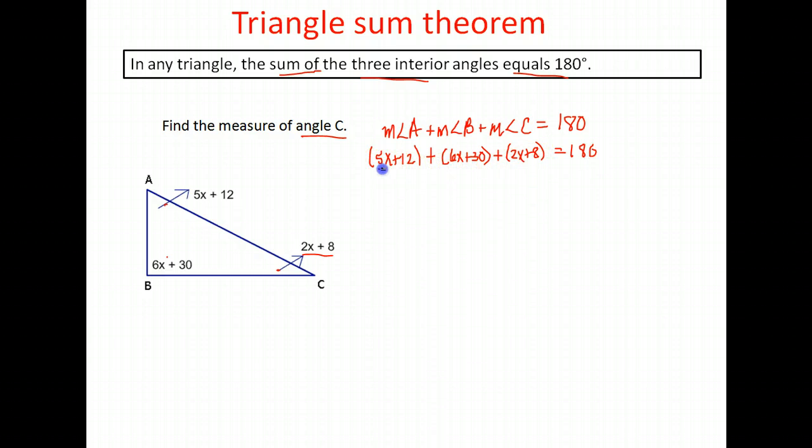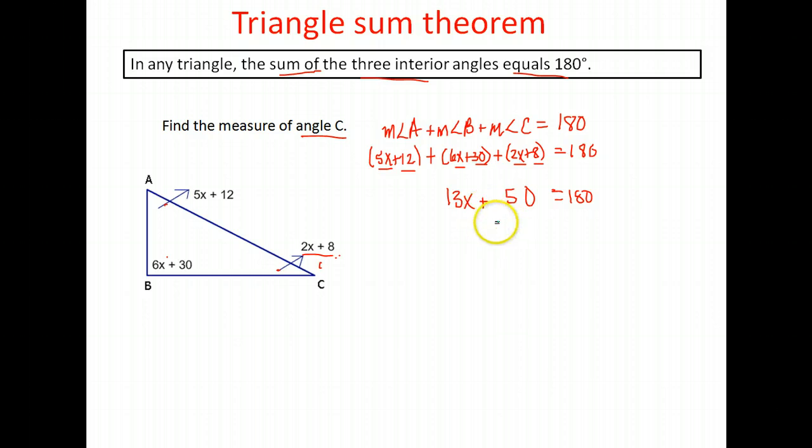We combine our like terms, so our x's, we have a 5x, a 6x, and a 2x. So we add 5 plus 6 plus 2. That gives us 13x. Now let's combine our constants, 12, 30, and 8. So 12 plus 30 plus 8 gives us 50. So now we have 13x plus 50 equals 180.